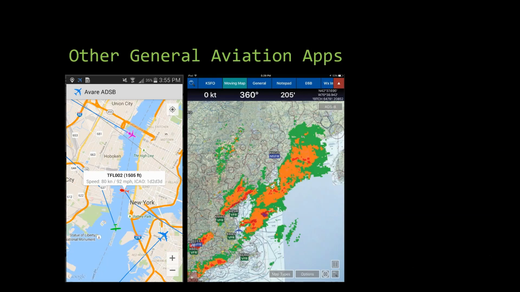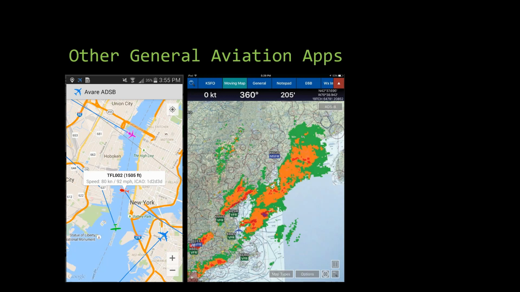We have our copycats. We have this Avara ADS-B, not quite as flashy as ForeFlight. And then on the right side, you have an application that's in wide use through the Air Force called Arrow. It's made by the National Geospatial Intelligence Agency, or NGA. And they got their government people to work on it and made an application that is just about impossible to use, and everyone hates it, because that's what you would expect from the government.